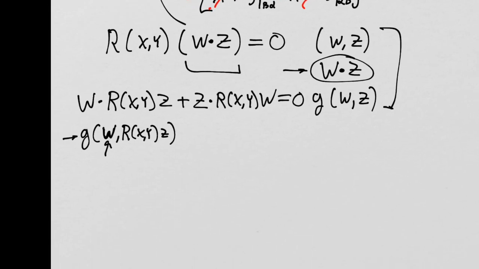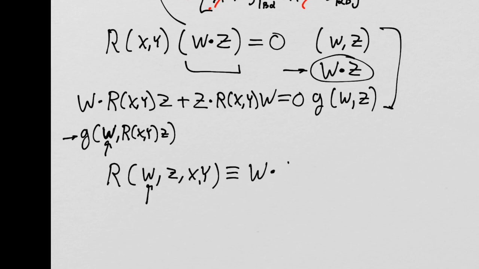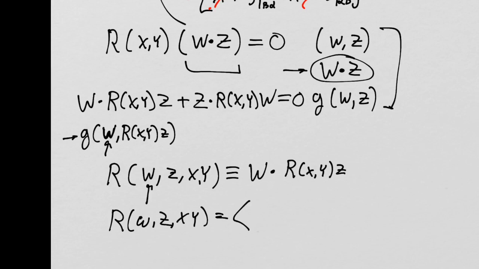That strongly suggests that I motivate my fully covariant form of the Riemann curvature tensor, which will look an awful lot like the mixed form, except this slot will now have a vector, and I define it as R(W, Z, X, Y), where in the mixed form an omega went here, and that produced its number using a dual space mapping with omega, R(X, Y)Z.